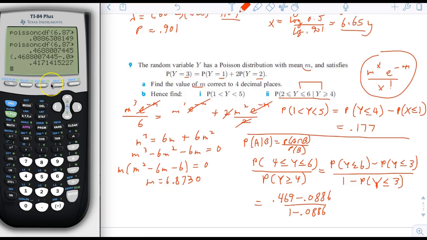And the answer is 0.417. Okay, that's it.